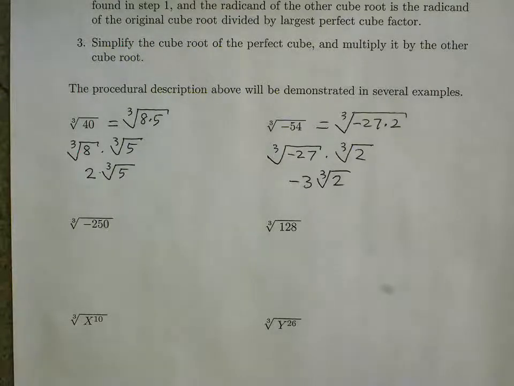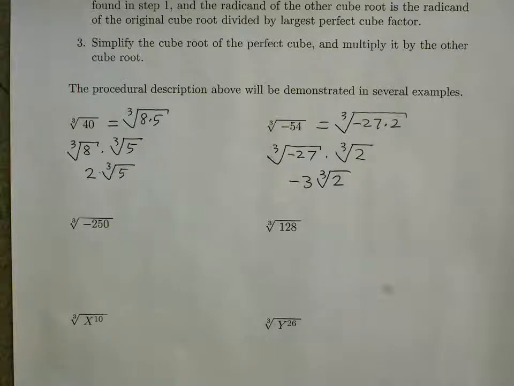Okay, the perfect cubes. 1 to the third is 1, 2 to the third is 8, 3 to the third is 27, 4 to the third is 64, 5 to the third is 125, 6 to the third is 216, 7 to the third is 343.